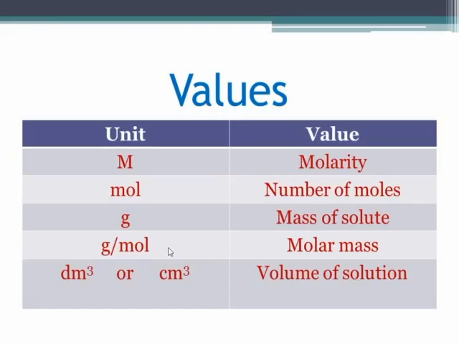If the value is in gram per mole, it represents the molar mass of that compound. And if decimeter cube or centimeter cube are given, that represents the volume of solution. So first of all, you have to note down the units of every value in the numerical, and from the units you can find out which value it represents.